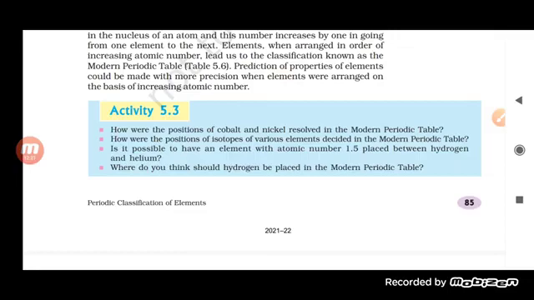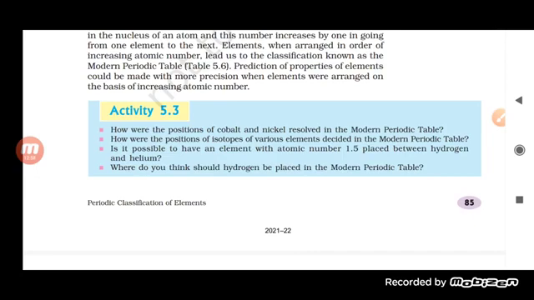Is it possible to have an element with atomic number 1.5 placed between hydrogen and helium? No. Every element has a unique atomic number, and they do not have any kind of fraction or decimal value, but a proper whole number has been provided to each of them.